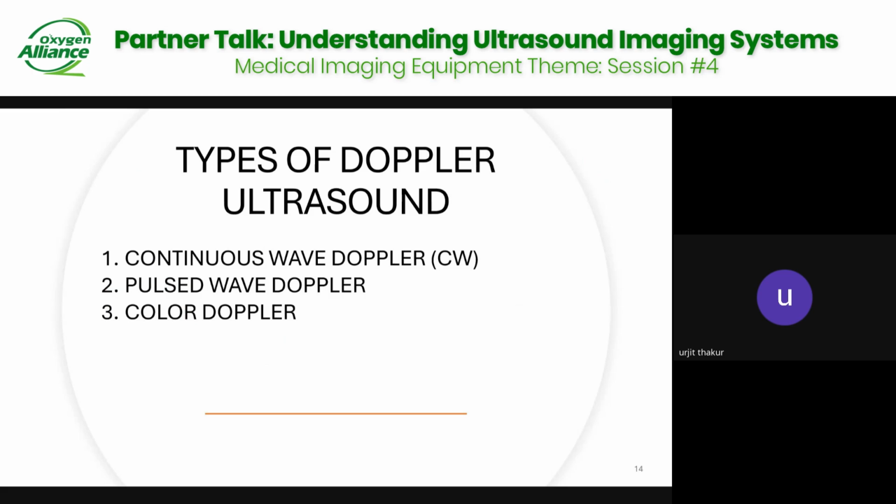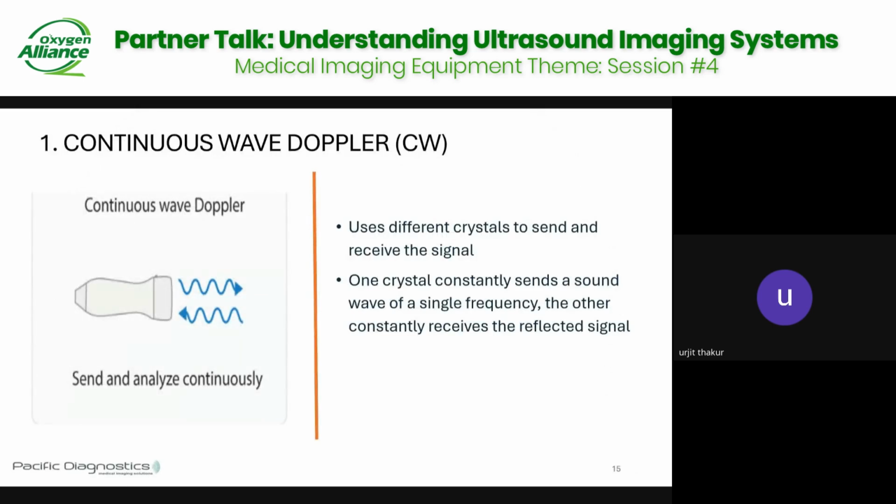As I said, there are different types of Dopplers as well. There's a continuous wave Doppler, there's a pulse Doppler, and there's a color Doppler. The first one, continuous wave Doppler: you have two crystals. One crystal sends the signal, the other receives the signal.